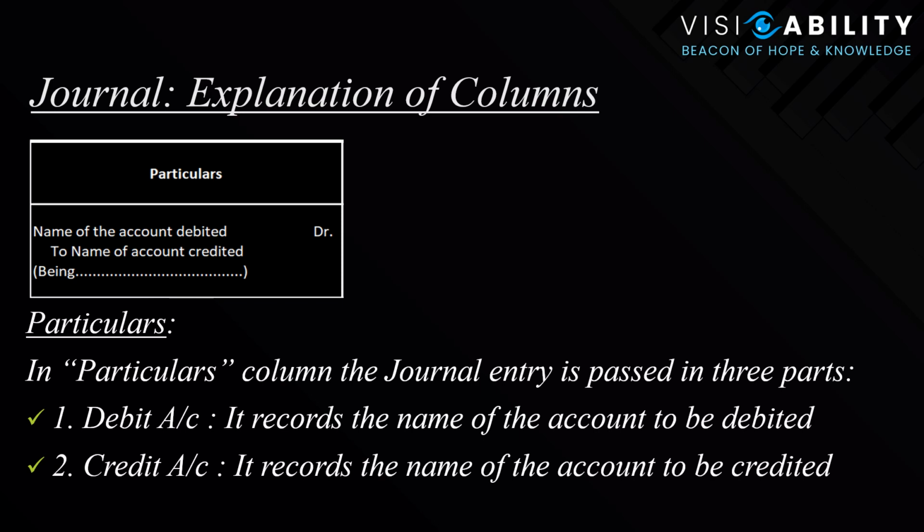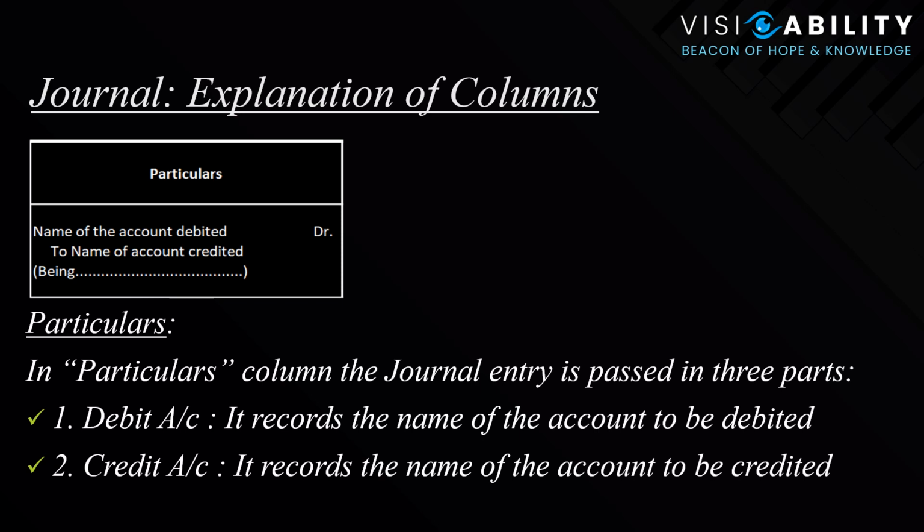Let's take an example: started business with cash rupees 10,000. How are we going to do the entry for this transaction? The very first thing that's going to be debited has to be on the first line.